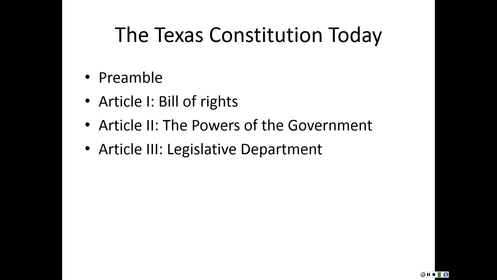Article 3 creates our legislative department. So it creates and puts the legislative power into two chambers. We have the Senate and the House of Representatives. I'll discuss these two branches in the next chapter or at a later date.